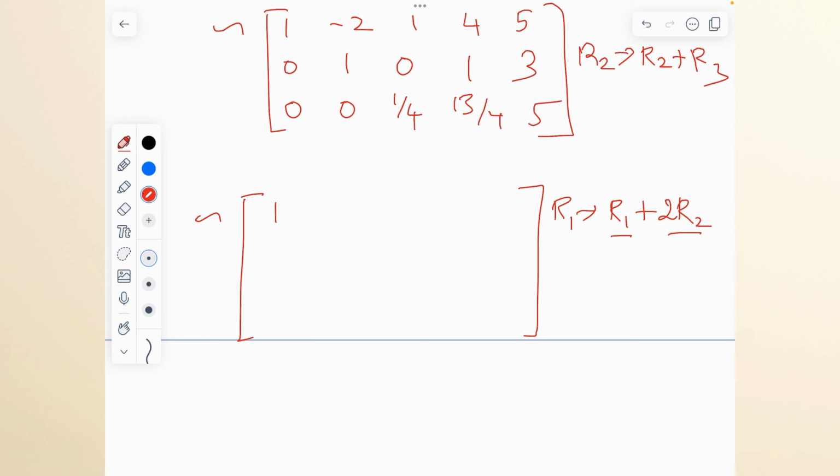Minus 2 plus 2 times 1 is 0. Next is 1 plus 2 times 1, that is again 1. Next 4 plus 2 times 1 is 6. Next is 5 plus 2 times 3, it is 11. Write the remaining rows as they are.